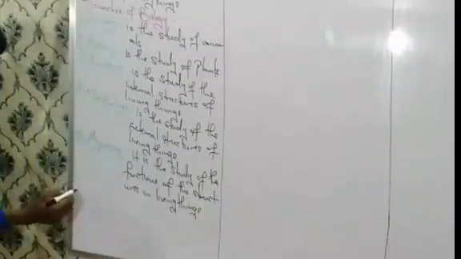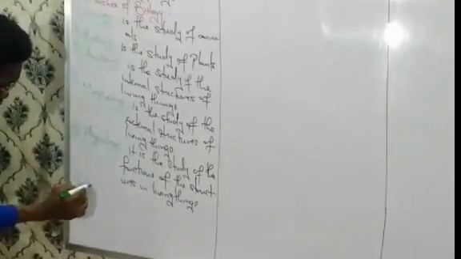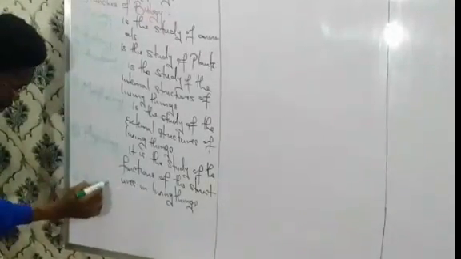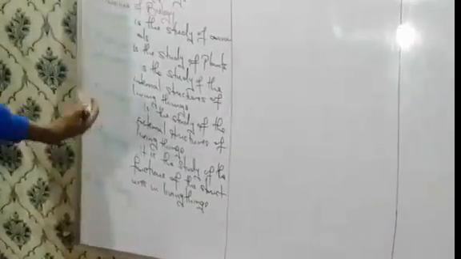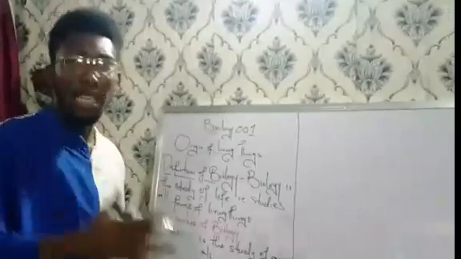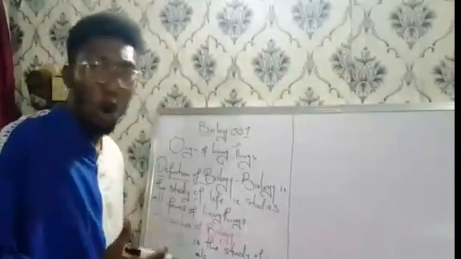Then we move further to look at the next branch, and that will be heredity. Heredity is the study of the transfer of genetic traits from a parent to offspring. That means you can say from one generation to another generation.